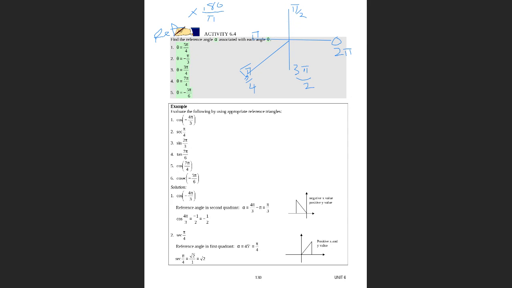So the reference angle will be 5 pi over 4 minus pi, which is equal to pi over 4.